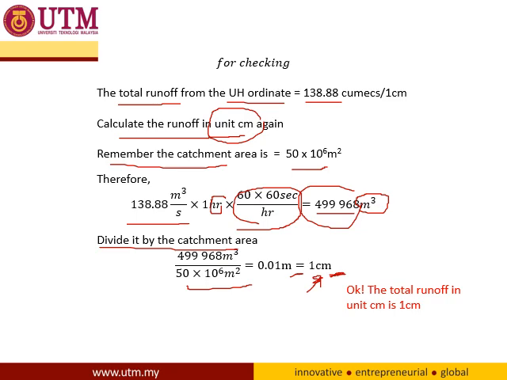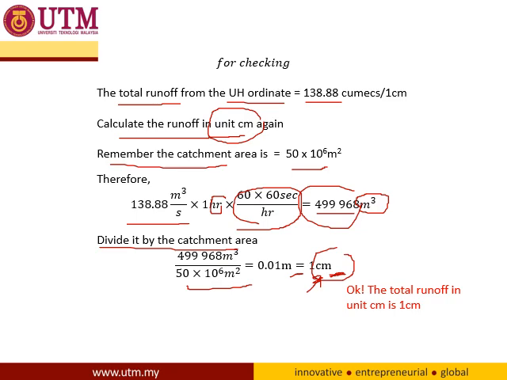For other cases also, if you derived the unit hydrograph in the unit of meter cube per second over 1 millimeter, then you should get 1 millimeter. Or if you derive the unit hydrograph in the form of meter cube per second over 1 inch, then if you check again, you should get 1 inch.